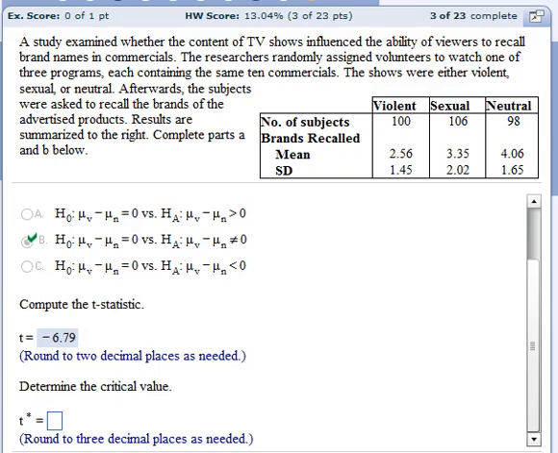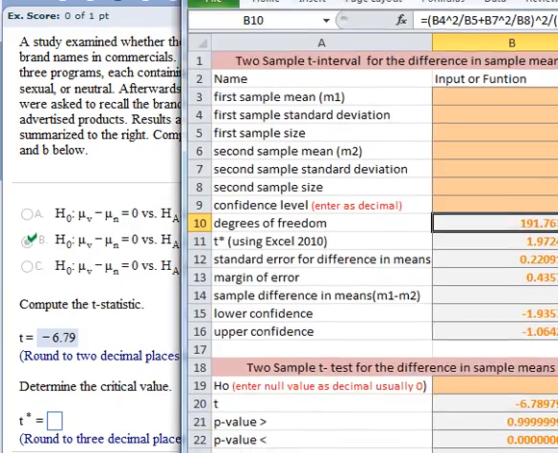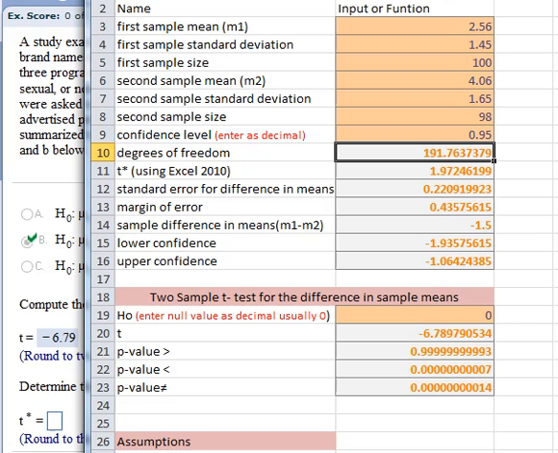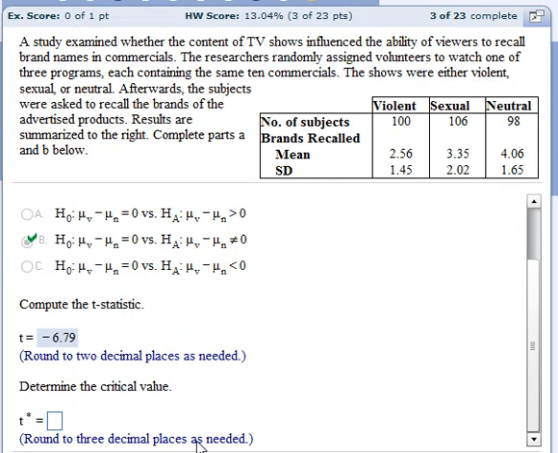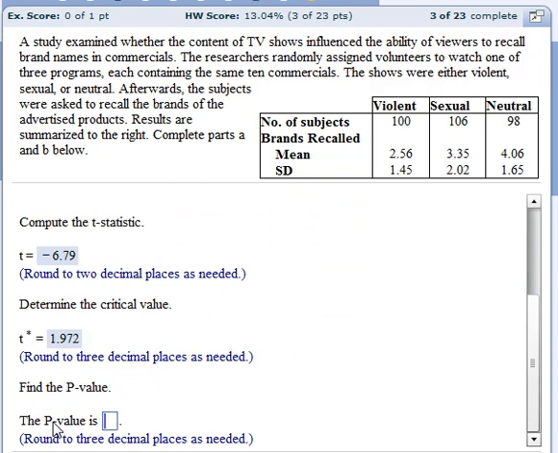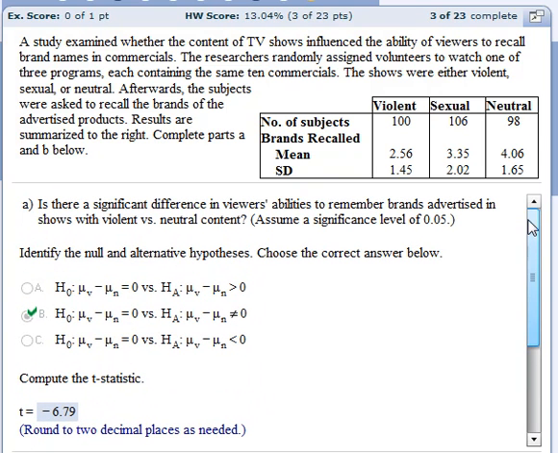So I guess for a 95, we'll just do the t-star for a 95, which is going to be 1.972. Okay, and that's not clear because it didn't say they want a 95% confidence interval, but at least that helps us. I don't see that anywhere. Do you guys? Oh, assume a significance level of 0.05, which is a 95% confidence interval.